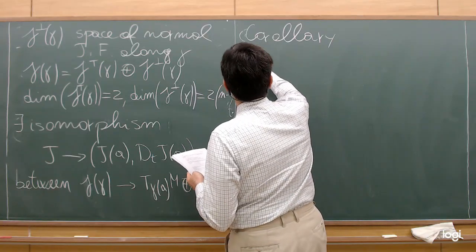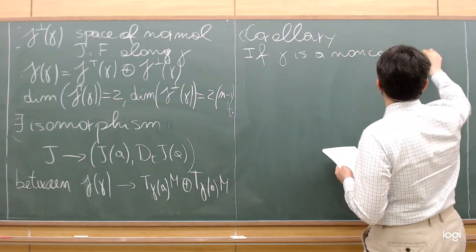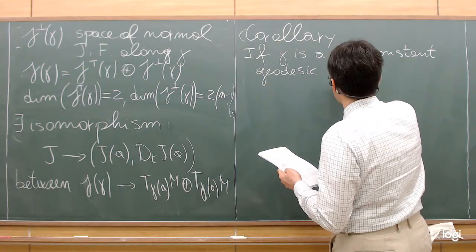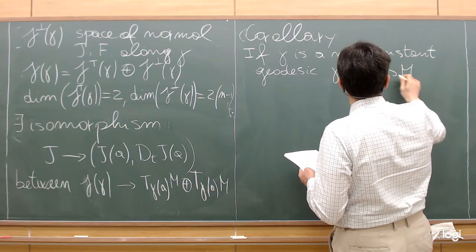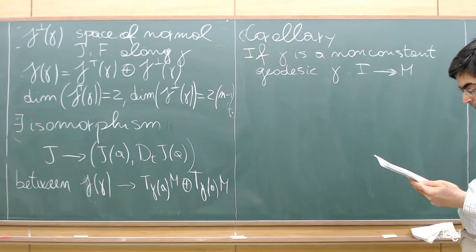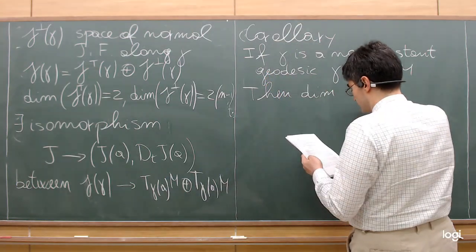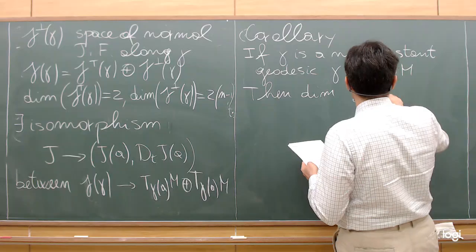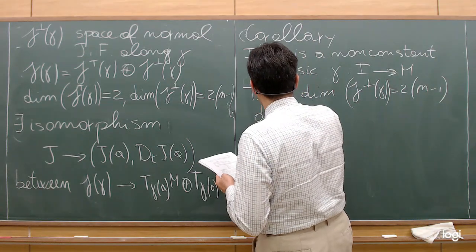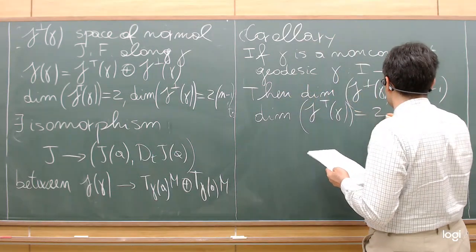So if gamma is a non-constant geodesic in M, where M is a Riemannian manifold, then the dimension of J orthogonal gamma is equal to 2 times n minus 1. The dimension of J tangent gamma is 2.